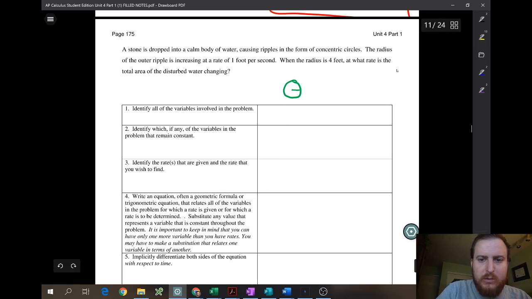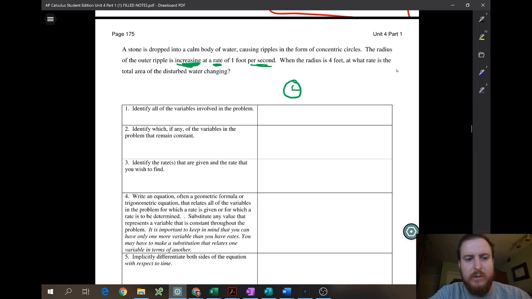Okay, so the radius, right? That radius is getting bigger and bigger. Now, the keyword is going to be increasing. Increasing is very much like changing. And then rate is another keyword to look out for. And what goes with that is the per second. So all of those three words, increasing, rate, and per second, told us that that's going to be a dr dt.